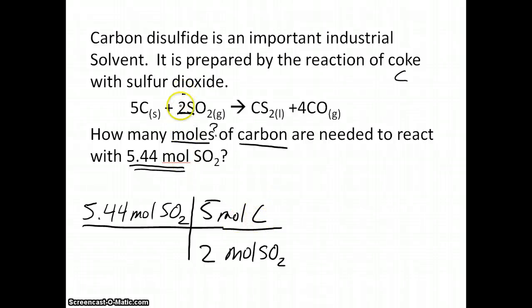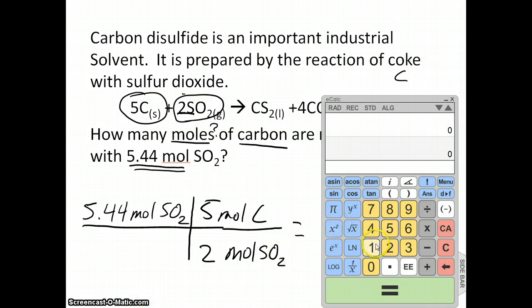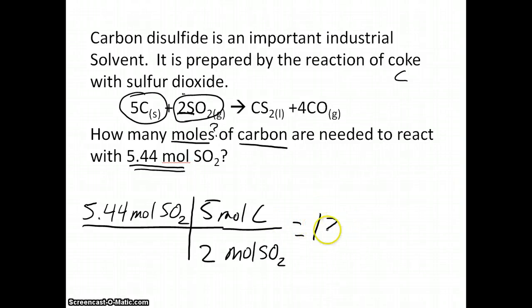We get that from right up here. For every 2 moles of SO2, we need 5 moles of carbon. And what is it asking? Just moles of carbon, so we're good. We can get out our calculator now: 5.44 times 5 divided by 2 equals 13.6. So we have 13.6 moles of carbon needed to react. That was a pretty simple one.